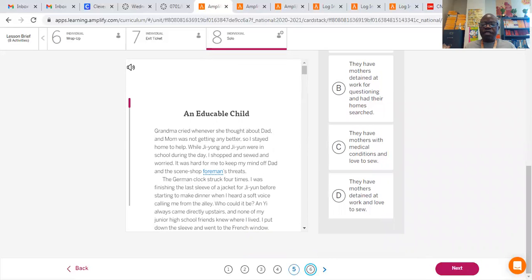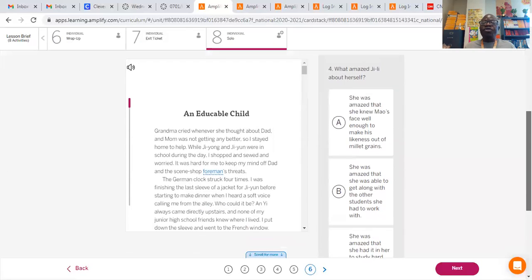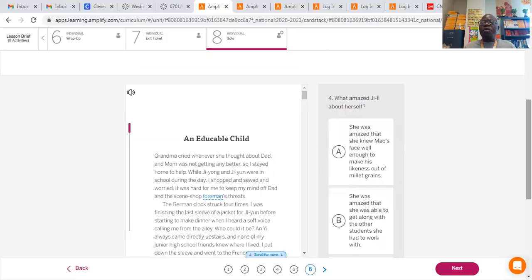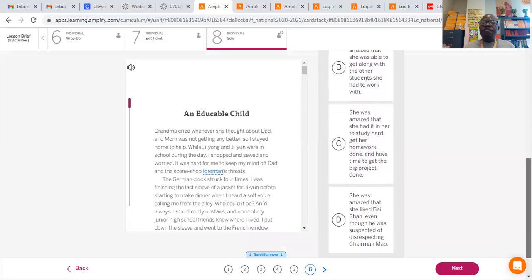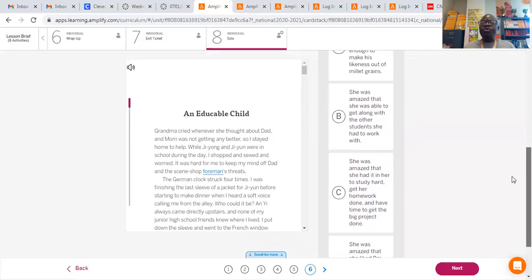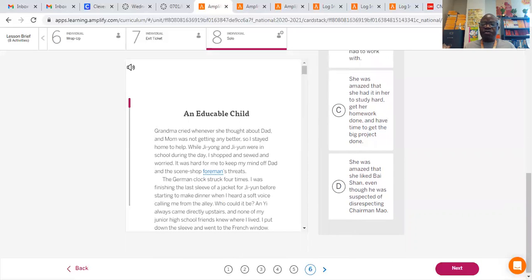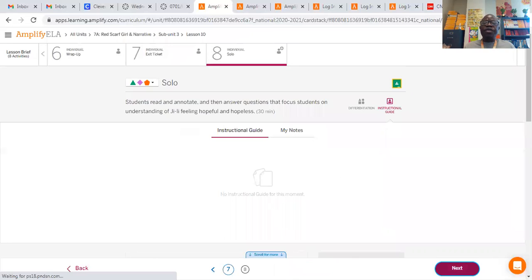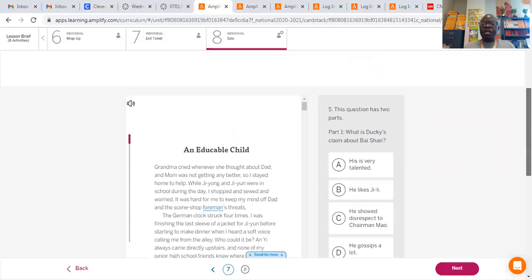And then the next assignment will be question number 4. What amazed Jilly about herself? Pick the correct answer between the 4, A, B, C, and D. And then the next one, which is the last question, or maybe not the last.